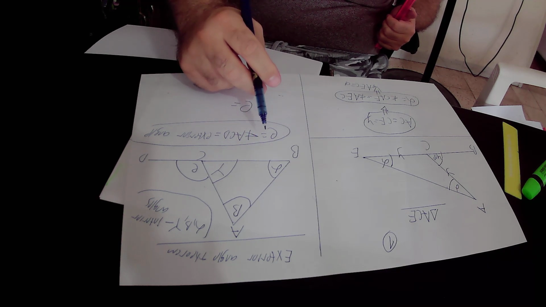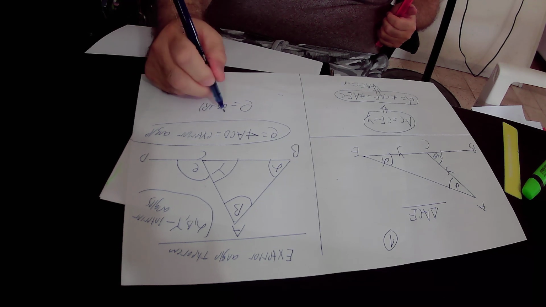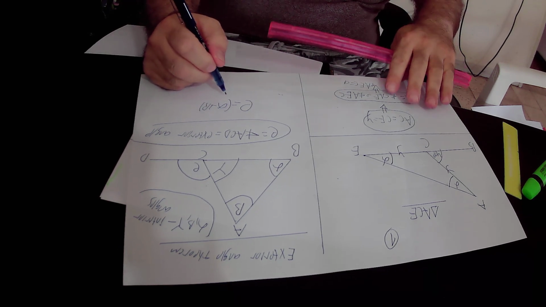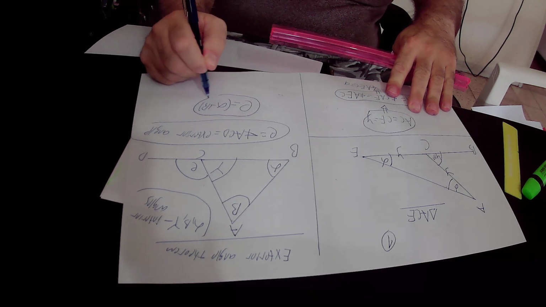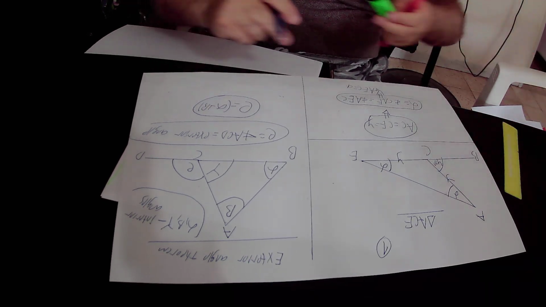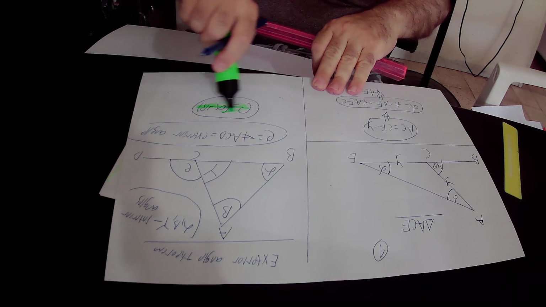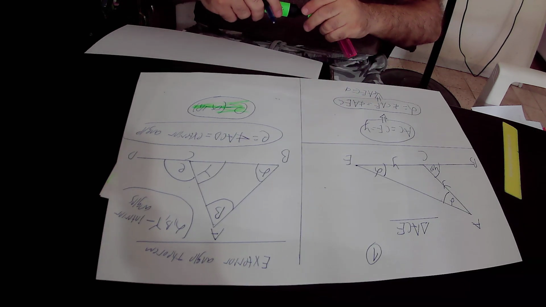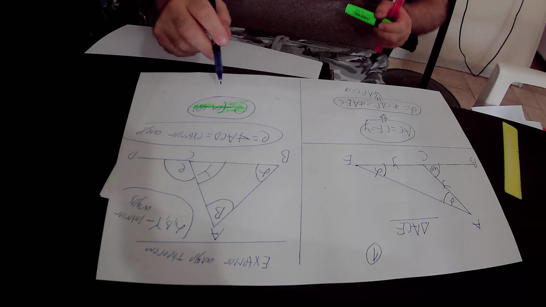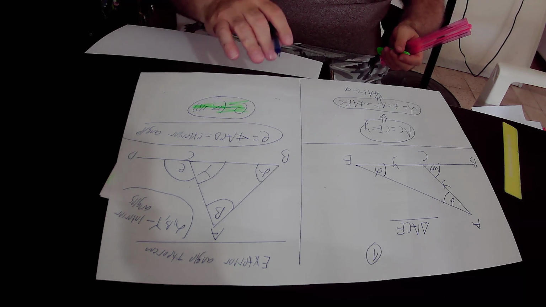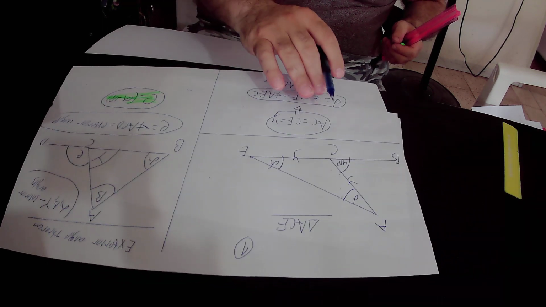So the size of angle E is equal to alpha plus beta. I repeat again, the size of the exterior angle E in triangle ABC is equal to the sum of the two interior angles that are not adjacent to it, that is alpha plus beta.